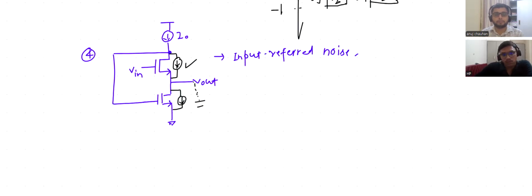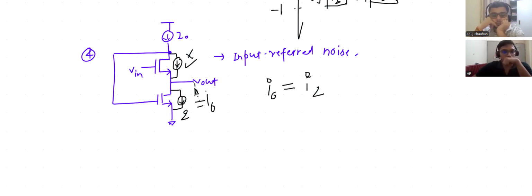First assume this noise is not there, only this noise current is there. This noise current directly, if I assume this as Iout, so I can write this is the second noise. So directly Iout is I2. And now let us assume this noise source is not there, but this is present.